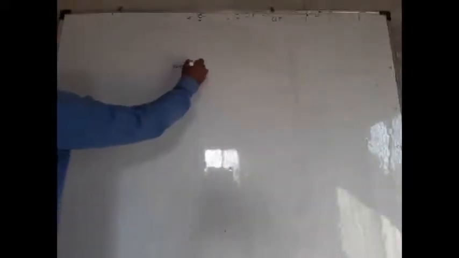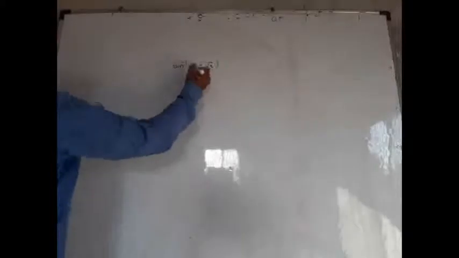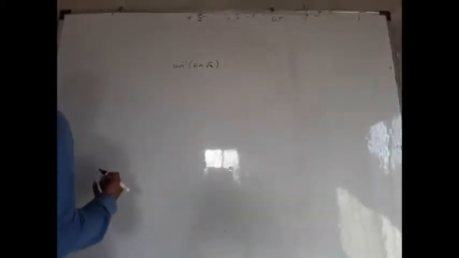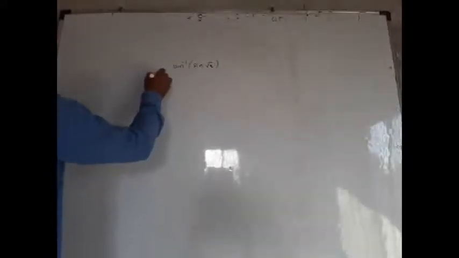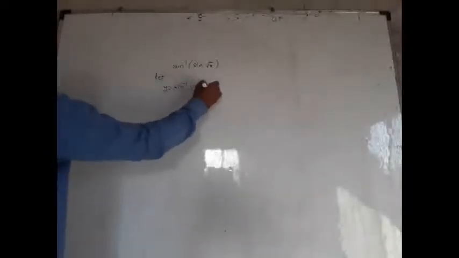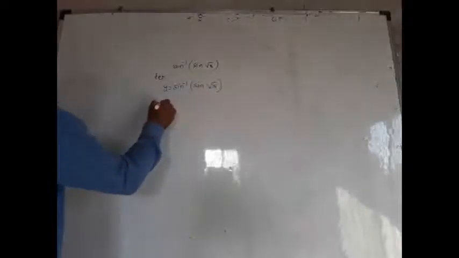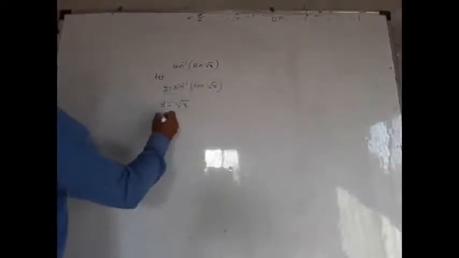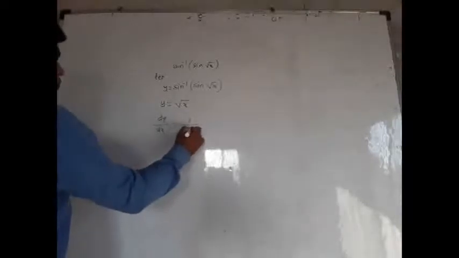Sine inverse of sine of root x. Let y is equal to sine inverse of sine of root x. Definitely y is equal to root x and dy by dx is equal to 1 upon 2 root x. These are the important questions.